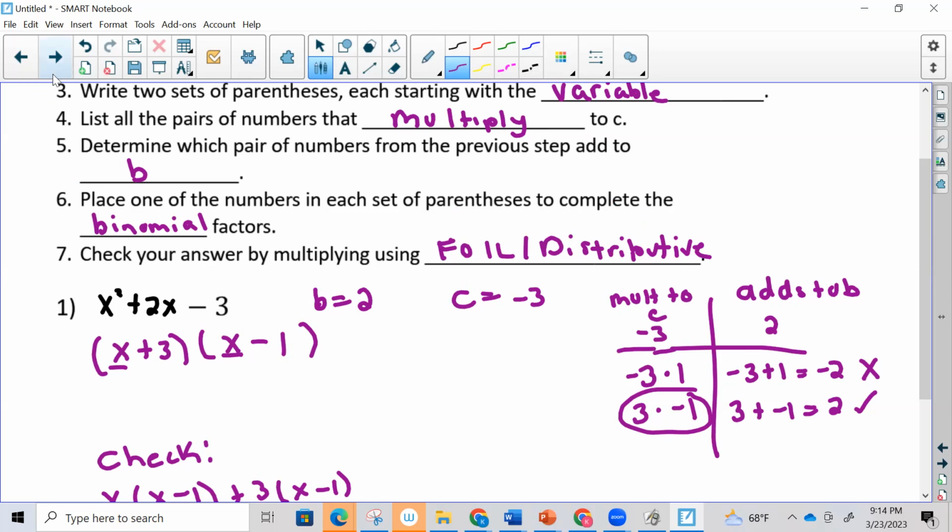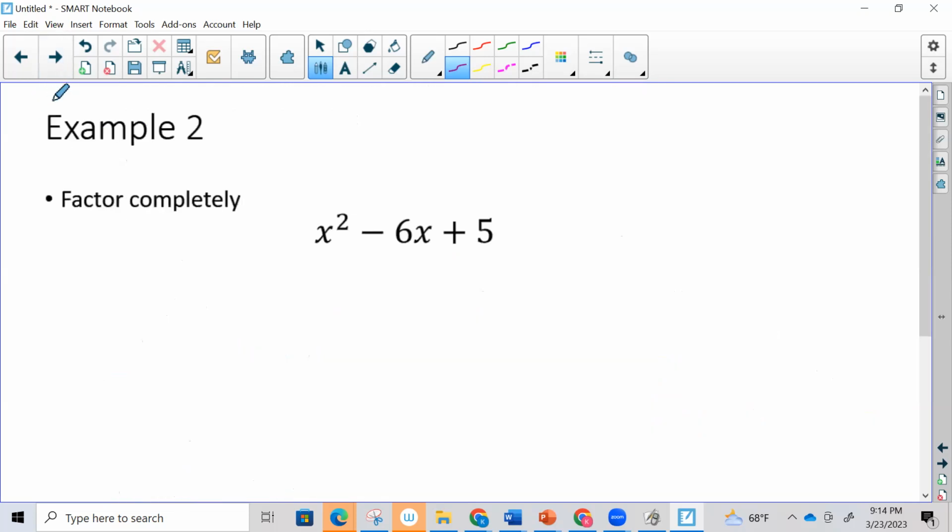Okay, so let's do one more example in this video, and then I'll make other videos for the other problems. For example 2, we're going to do the same thing. I have my form x squared plus bx plus c.